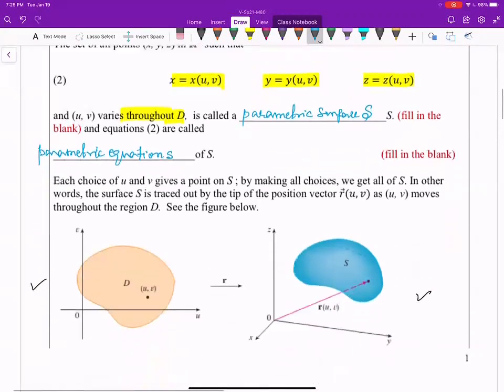So if you notice in this picture, each choice of u and v gives a point on S. So each point of uv gives a point on S. By making all choices, we get all of the surface S in blue. So this is the surface.